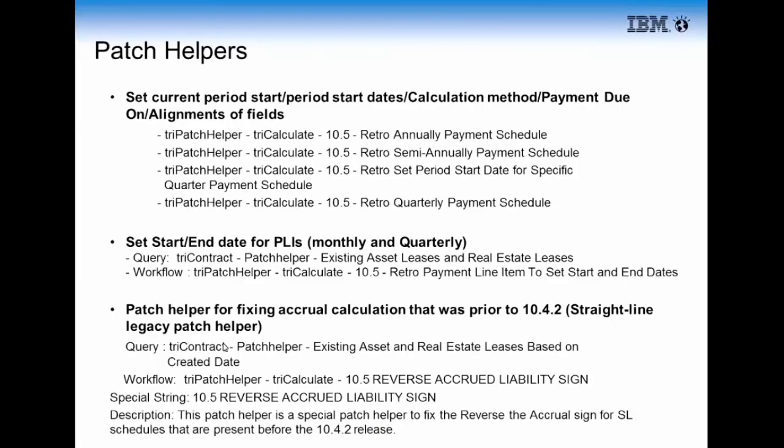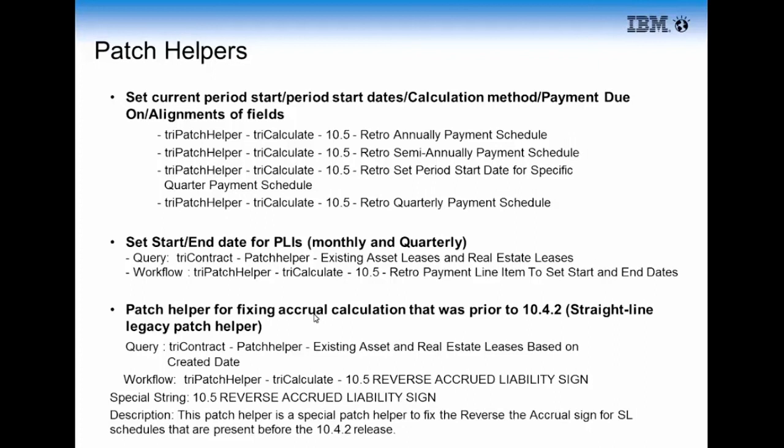That patch helper fix is that starting in 10.4.2, the accrual amount on the straight line is calculated as net rent minus the straight line expense. But prior to the 10.4.2 release, customers were seeing the formula as straight line rent minus the net rent, so it was reversed.